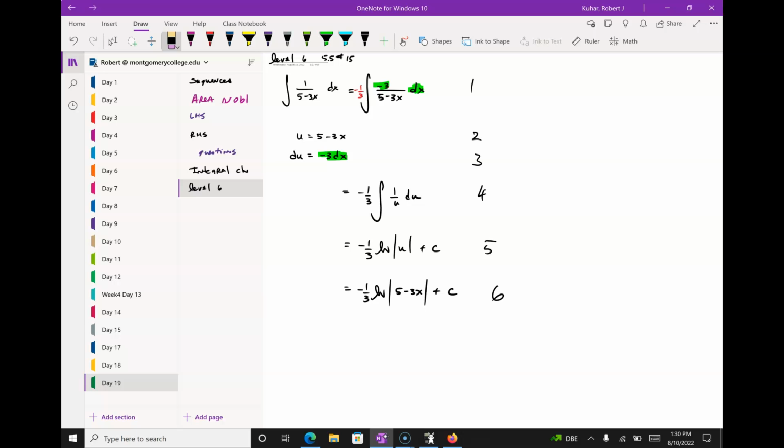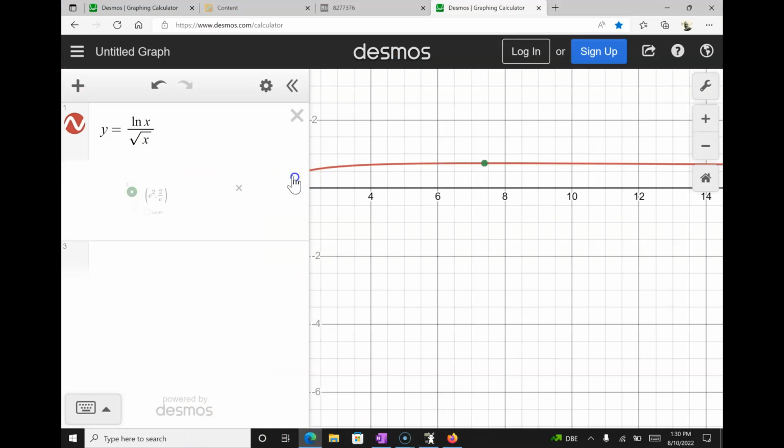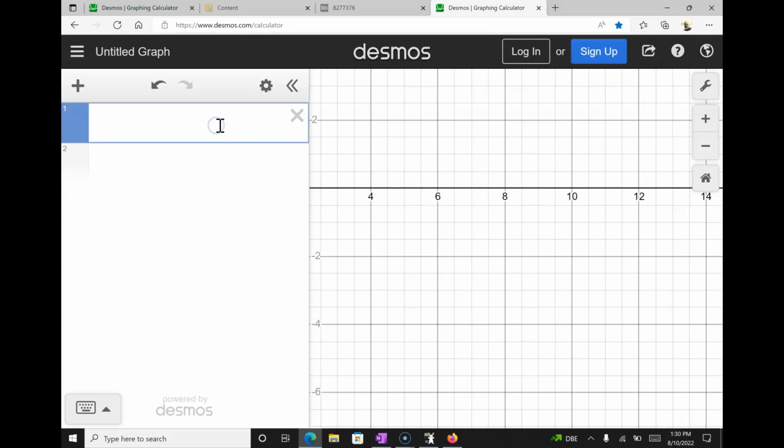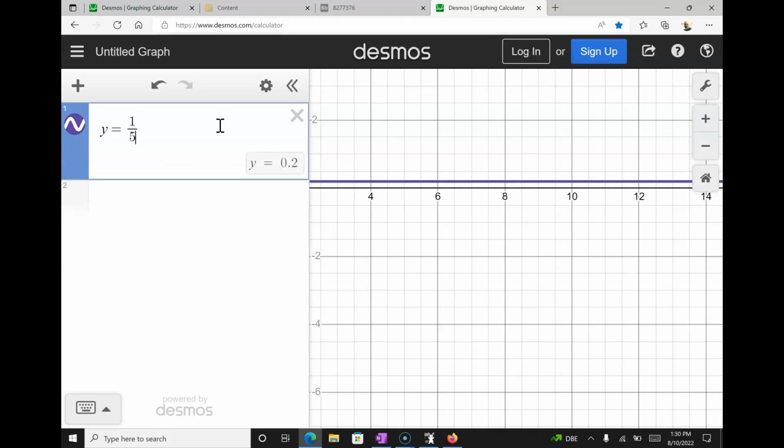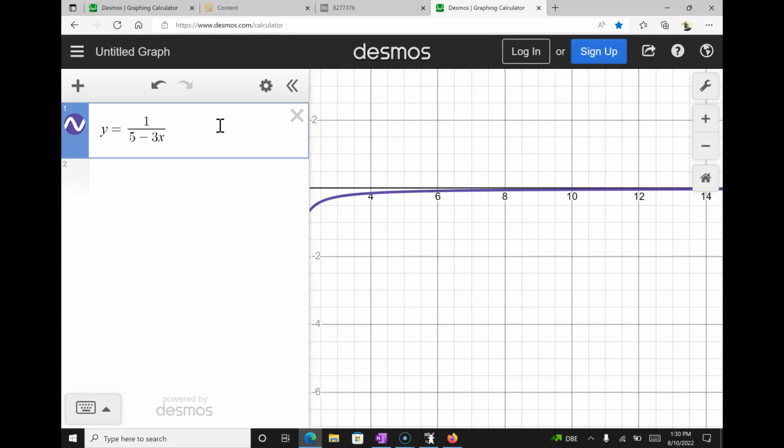So when I'm testing these, I look at my original function, y equals 1 divided by 5 minus 3x. Now let me put in the derivative of my answer, which is minus 1/3 times ln of the absolute value of 5 minus 3x.